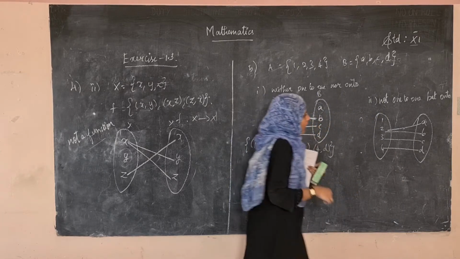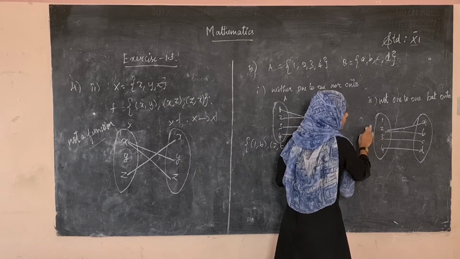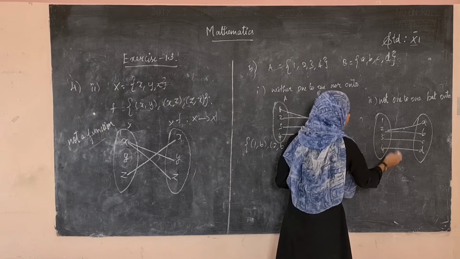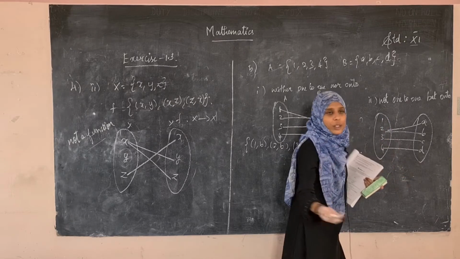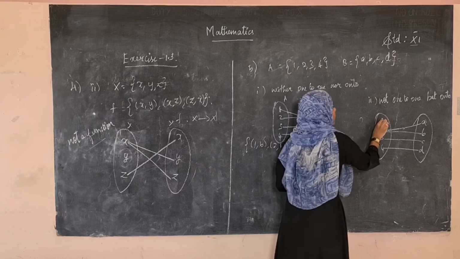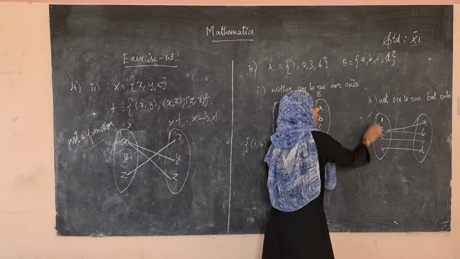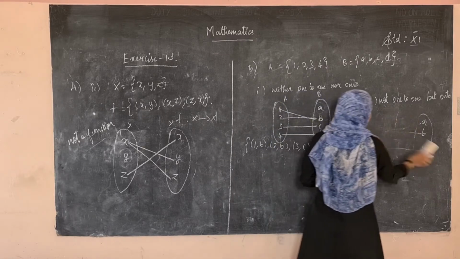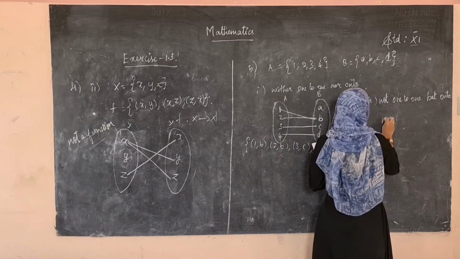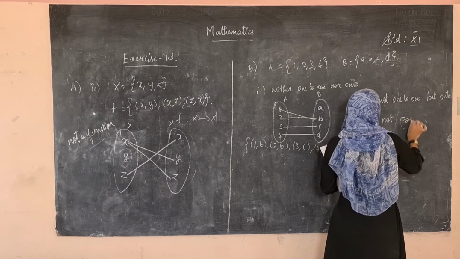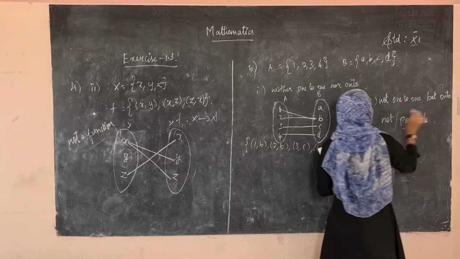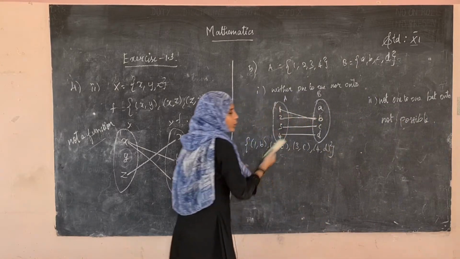But see here, this is not one-to-one, but this is onto. But this is not a function, because there is an element left behind which does not have an image. Therefore, this is not even a function. Therefore, this type of function is not possible, because there is no function like that.